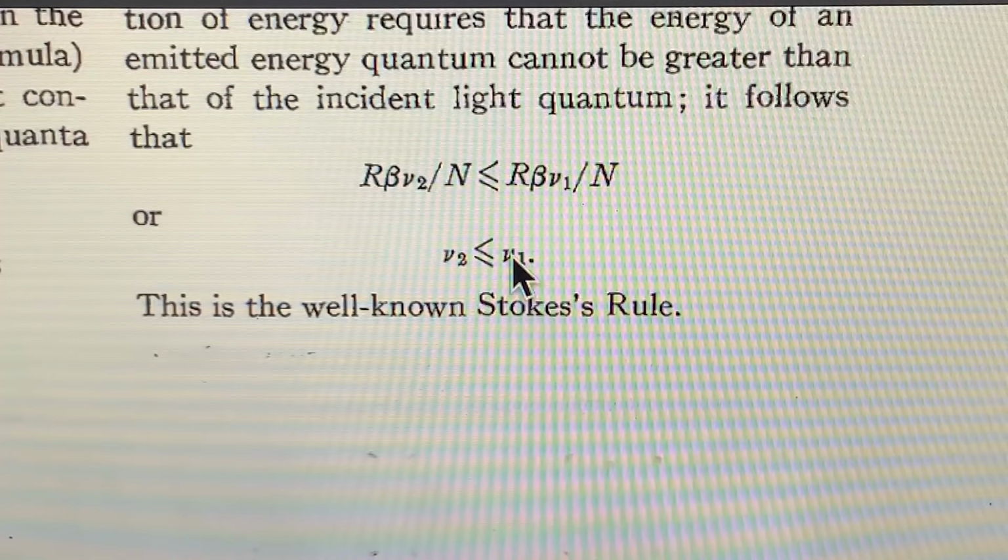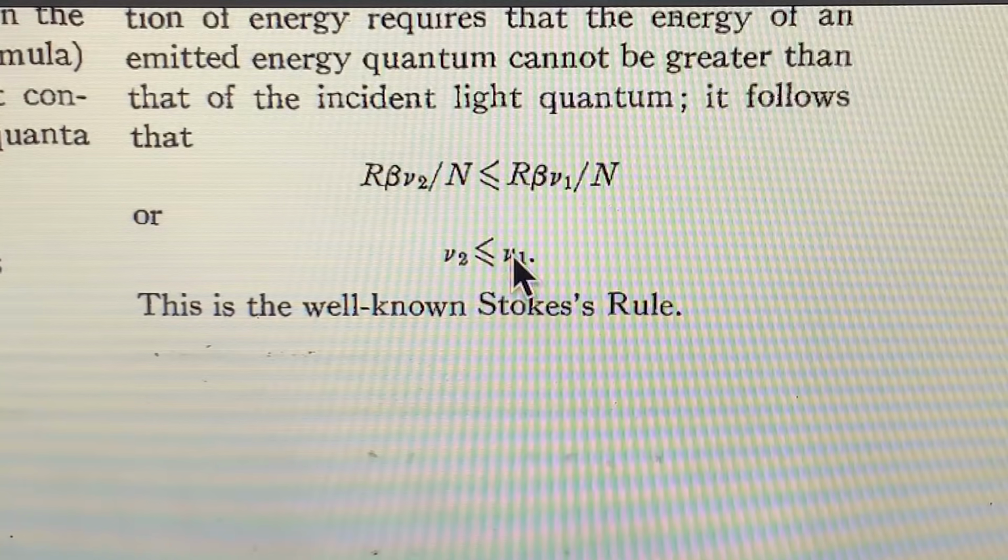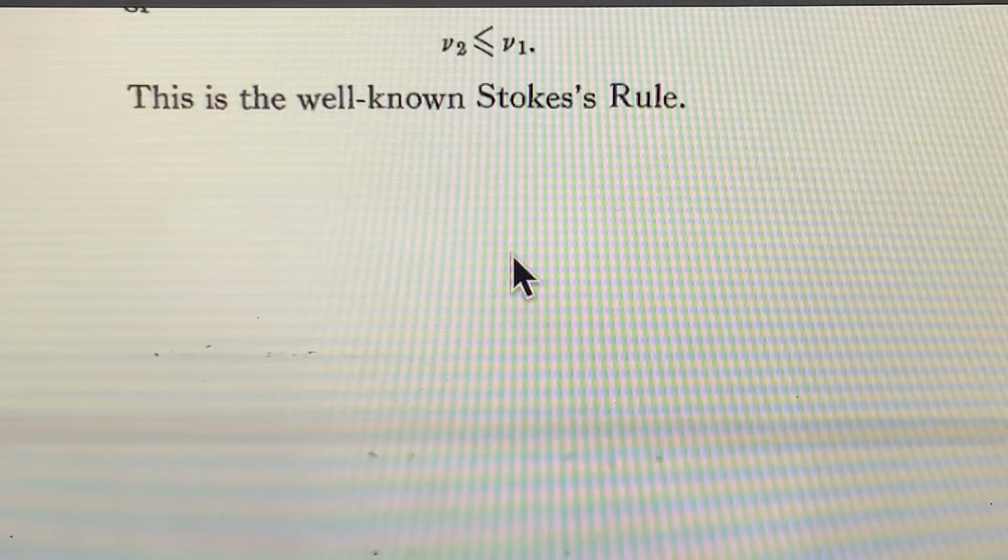The energy quantum h nu2 must be smaller than h nu1; that is conservation of energy. You cannot create more energy unless that material itself is creating energy. So if a quantum of h nu1 is going in and a quantum of h nu2 is coming out, h nu2 must be smaller than or equal to h nu1. So this well-known Stokes' law is okay with our theory of photons.